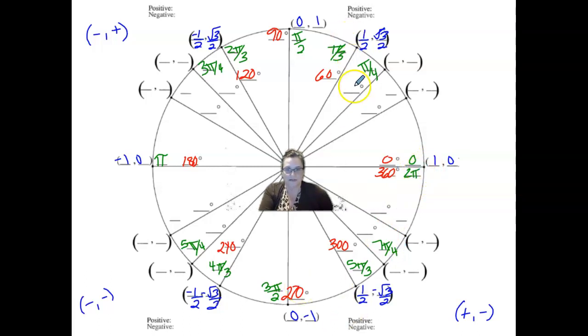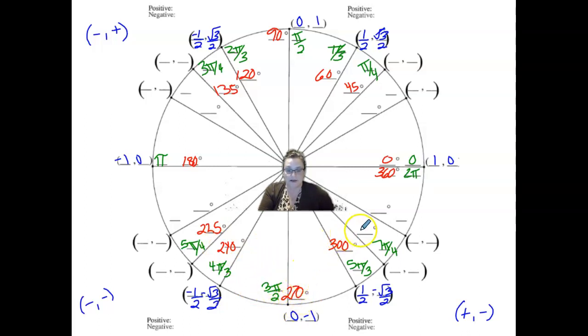In degrees, pi over 4 is 45 degrees. So we have 1 times 45, 2 times 45 is 90, 3 times 45 is 135, 4 times 45 is 180, 5 times 45 is 225, then 6 times 45 is 270.